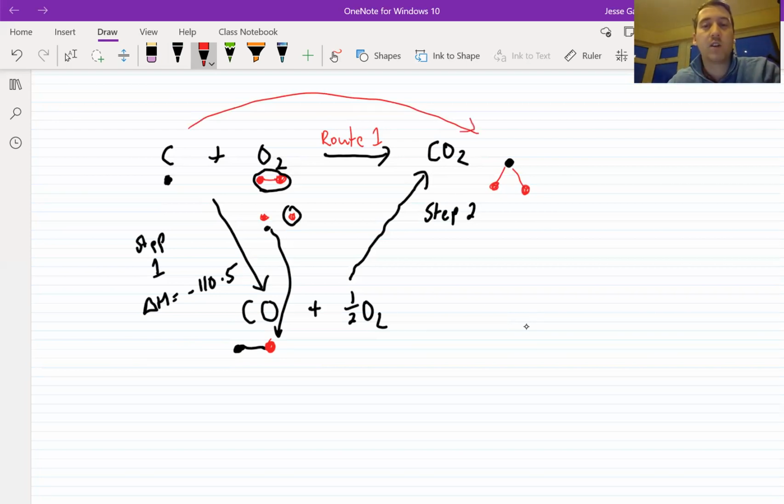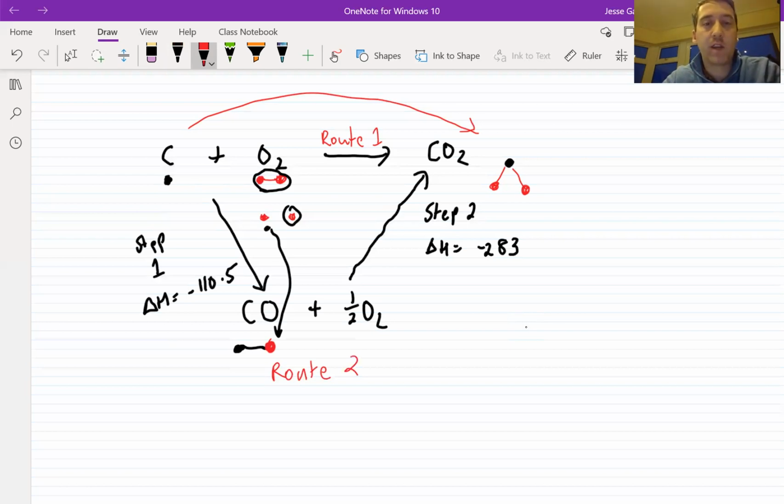Just the 2 atoms join straight on, and that's route 1. But route 2 shows us that the reaction could happen in 2 steps. And step 2, where the second atom joins CO to make CO2, has a delta H equal to minus 283.